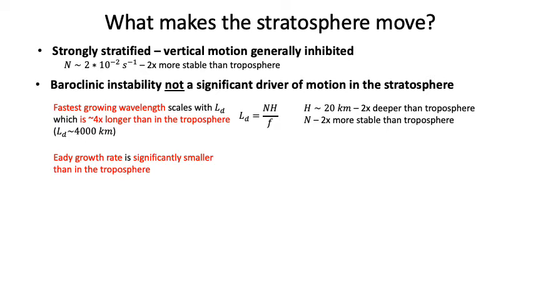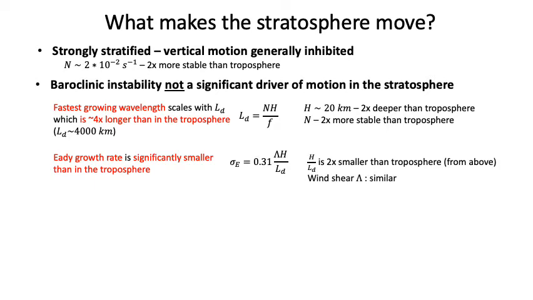Second, as we learned, the Eady growth rate for baroclinic instability, which is the fastest growth rate for instability, is significantly smaller than in the troposphere. You have to go back and remember our equation for that. Sigma E is 0.31 times lambda, which is the wind shear, times H divided by the deformation radius.